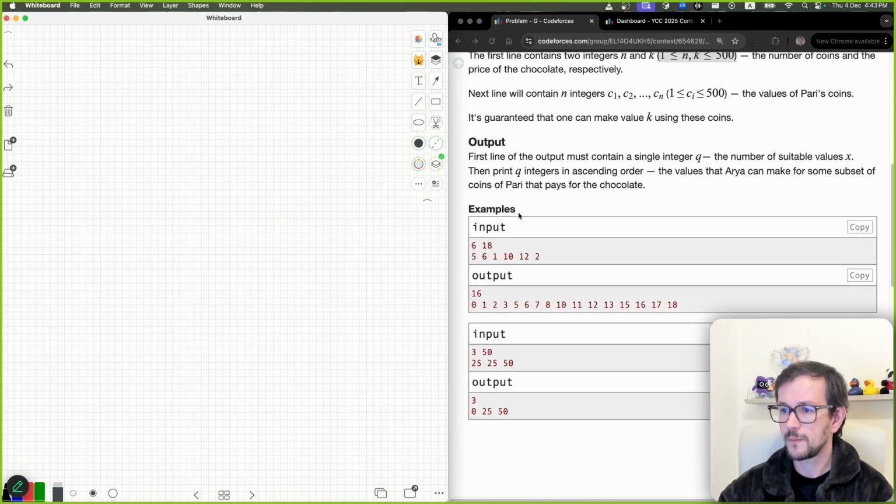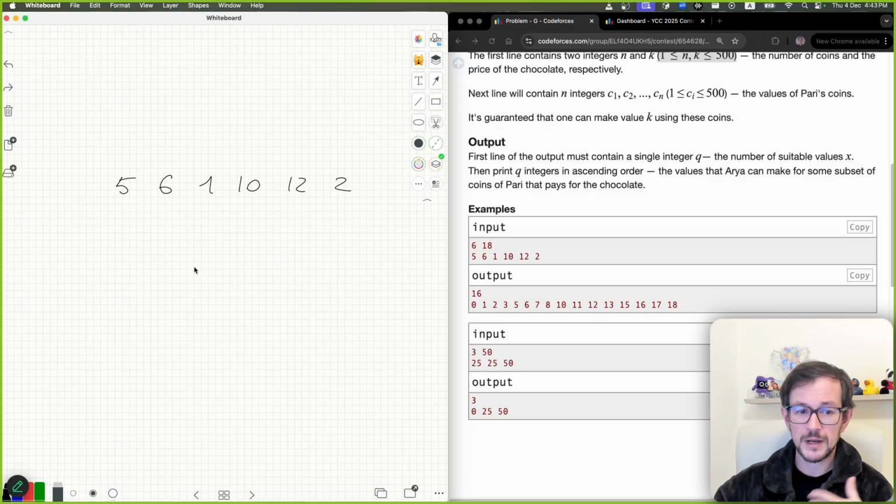Well, let's take this example. For example, let's say 5, 6, 1, 10, 12, 2. So what I need to do? I need to pick some numbers with sum equal to 18.